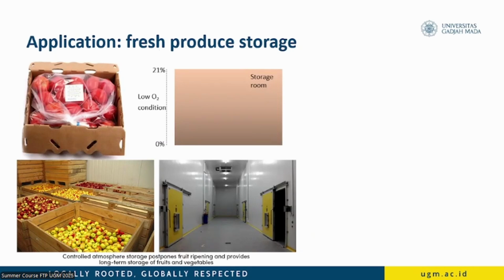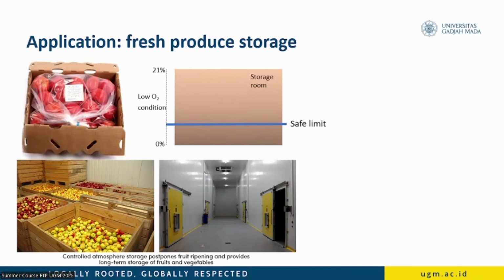And also the applications for the storage, we go back to the controlled atmosphere storage. Let's say oxygen concentration in the air is 21%. We have a safe limit. If we decrease the oxygen to just above the safe limit, the product will stay for 1 year, let's say, for the best settings of the controlled atmosphere storage.